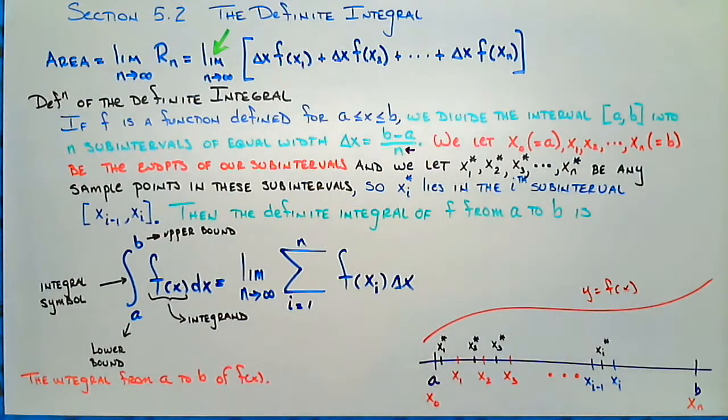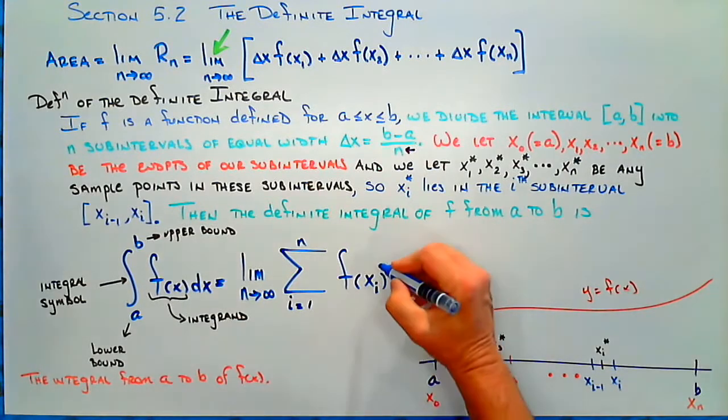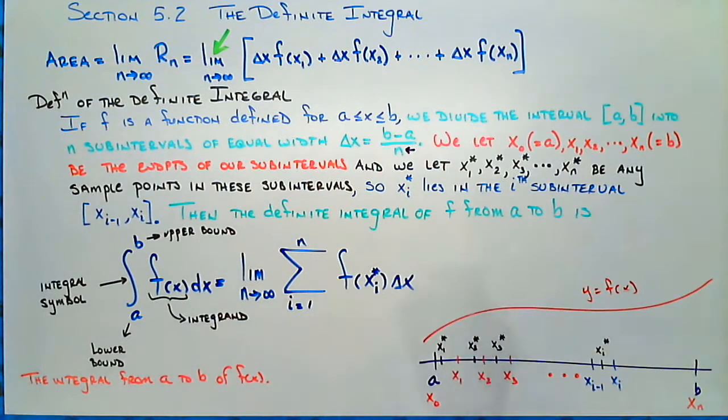Now, if I was using only the right-hand endpoints, I would just leave the x sub i here, because now i is 1, right-hand endpoint. i is 2, right-hand endpoint. i is 3, right-hand endpoint. But that's not what we said. We said the endpoints aren't that special to us. We stated that right here in black. We said, you know what? Because the intervals are so narrow, you can use any number you want to determine the height. And so we're going to say that this is x sub i star.